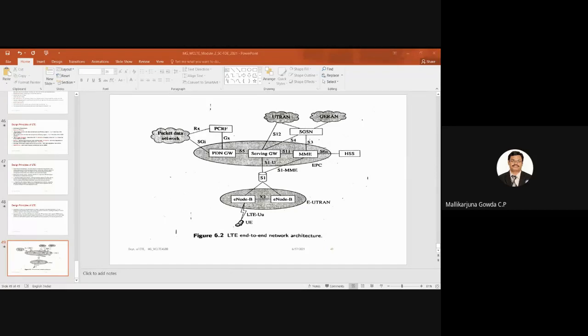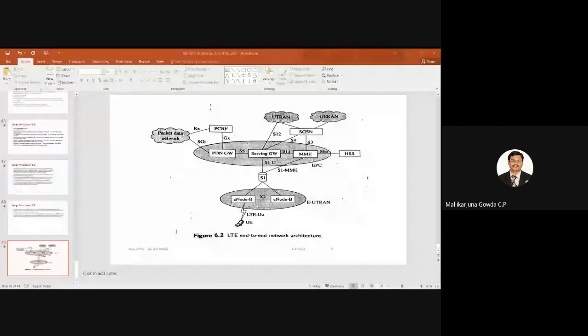So I expect you all to have a look. In the first module I went in depth about the architecture, so I don't want to spend much time on that. I will be talking next about the layered architecture. So far, whatever is done is all basics, like multiple access techniques and other things that we have discussed. Now I will go layer by layer in the architecture, right?